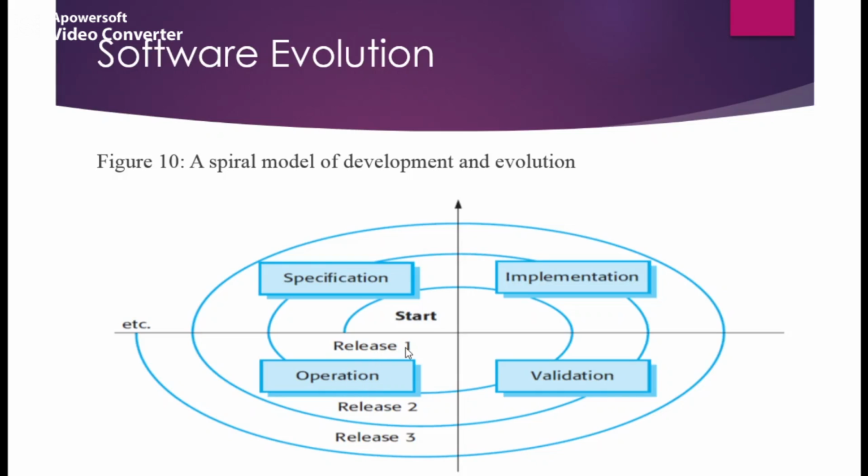That is release 1. Next, again, the next spiral begins with specification. There will be some change proposals. You try to implement them, validate, and put into operation. You get release 2. Next, release 3. Like that it goes on. So I said that it continues throughout the lifetime of the system.